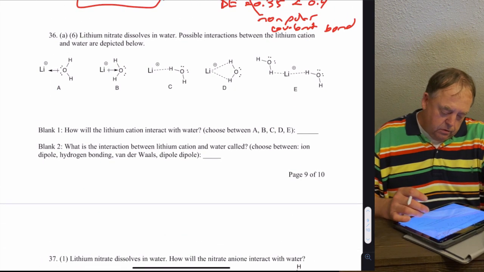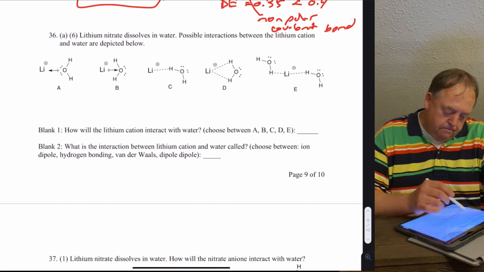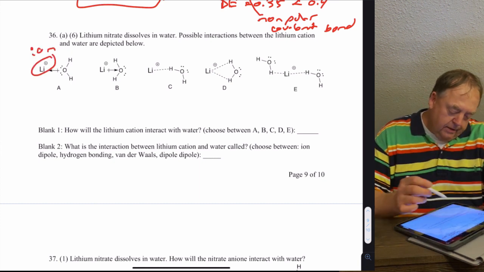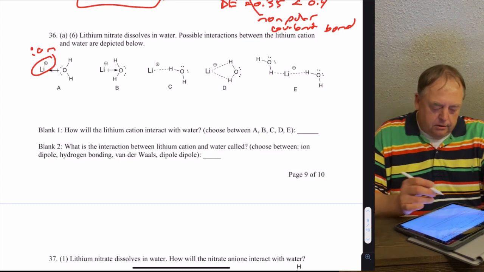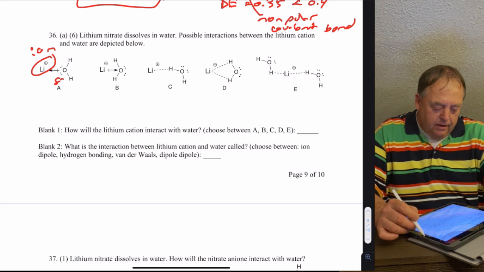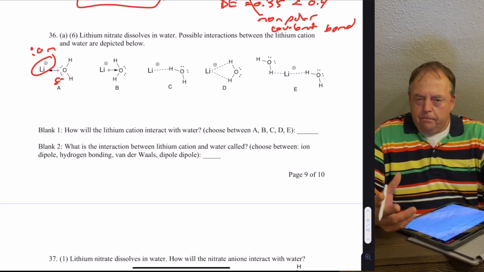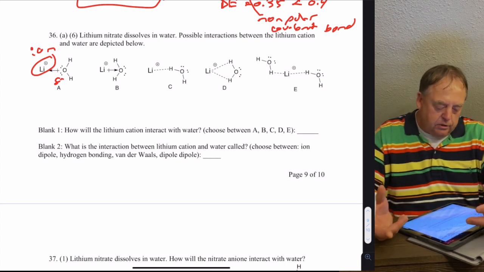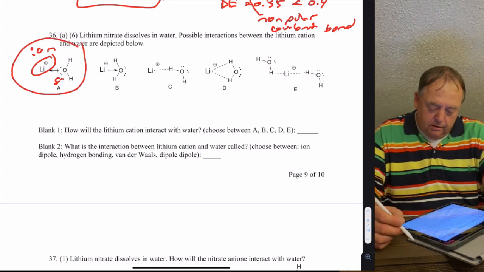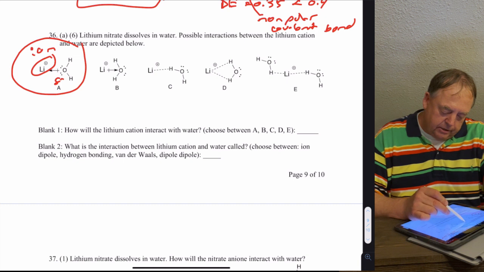Okay, so for this one, lithium is a cation, so that's an ion. So we're looking for an ion dipole attraction. What's a positive going to be attracted to? It's going to be attracted to a negative. So you want to align the partial negative oxygen with the positive lithium. So that's the only one that makes sense, right? Because this hydrogen's partial positive.